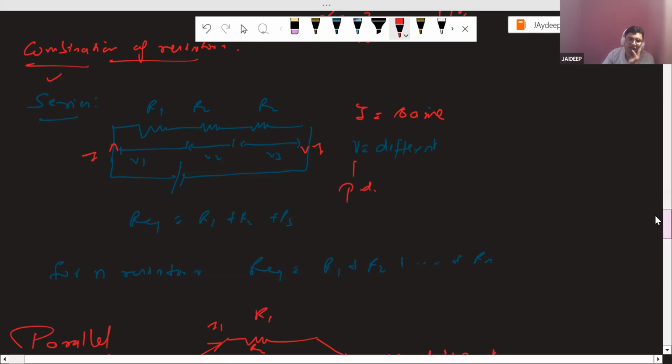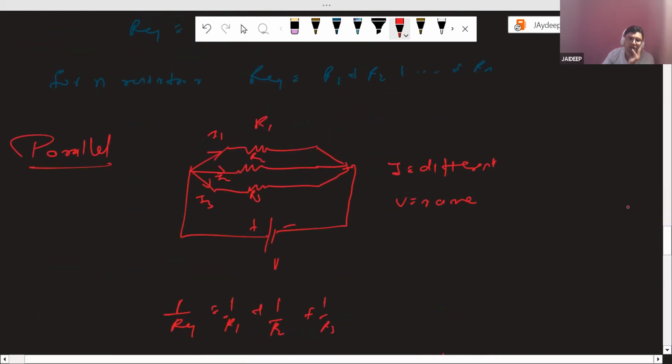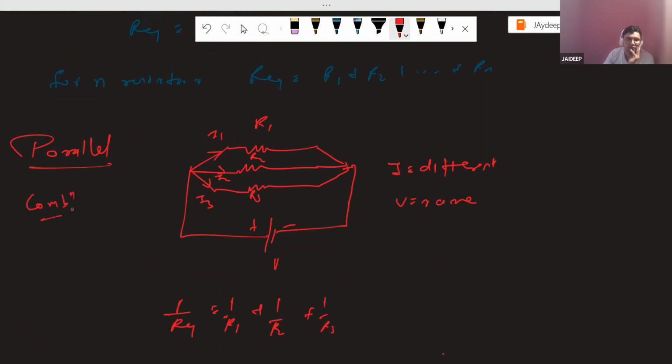For n resistors, likewise R1 plus R2, and so on. Parallel combination. Let three resistors be connected in parallel, so 1 over R equivalent equals 1 over R1 plus 1 over R2 up to 1 over Rn. I is different, V is the same.